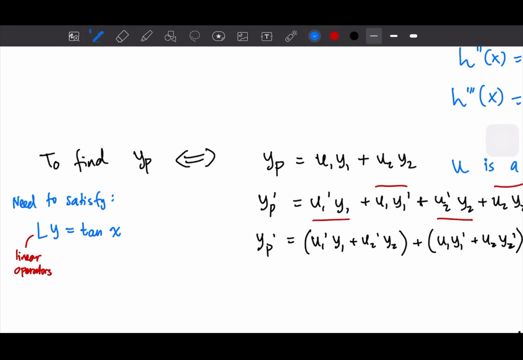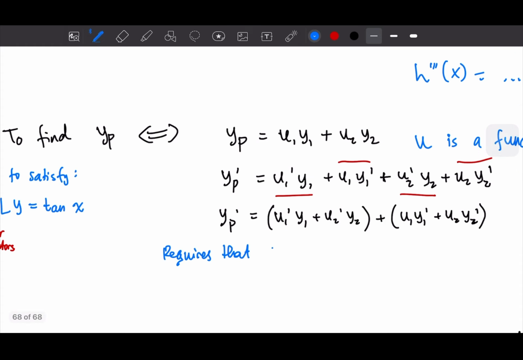And it requires that this u1 prime y1 plus u2 prime y2 needs to be equal to 0.